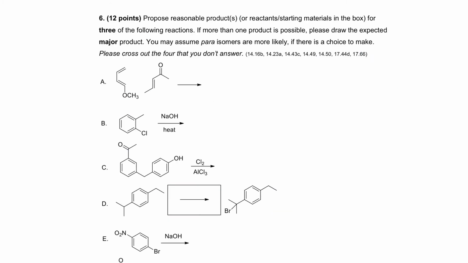Next page, predict the product. So we should observe in this case that there's a delta minus there due to resonance, there's a delta plus there due to resonance. So if I'm going to redraw these, I'm just going to flip the diene around, make some new bonds there.